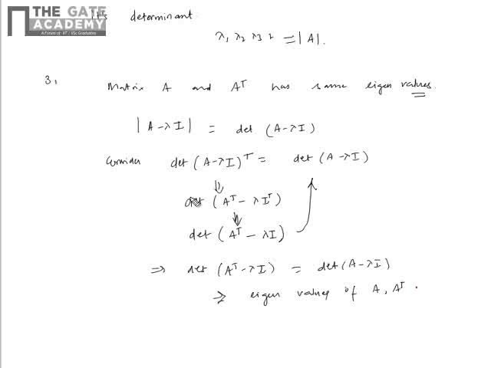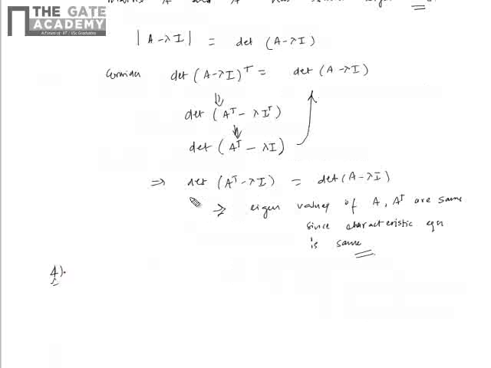So eigenvalues are the same since the characteristic equation is the same. Okay, so that's the basic about the eigenvalues. Now let's see some other properties. This property we have actually proved, but let's see some other properties.